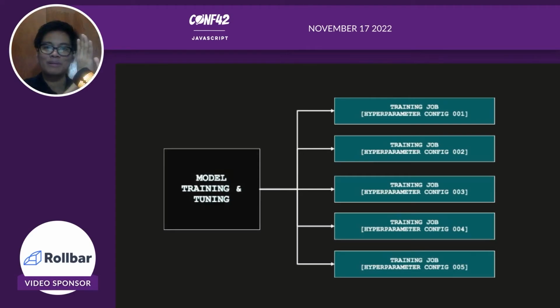So machine learning experiment 1, 2, 3, 4, 5, all happening at the same time, and we would be able to complete everything in maybe 1 to 1.5 hours. So this is amazing, and this is one of the advantages of using the cloud, because you're able to spin up and delete resources as needed.